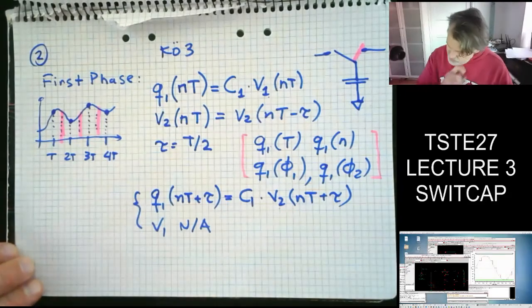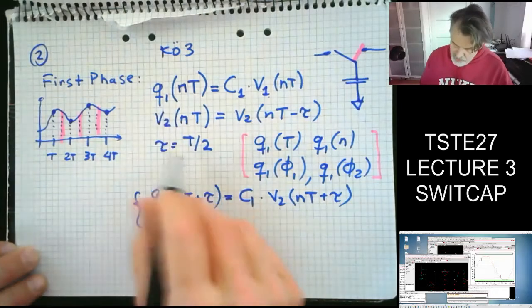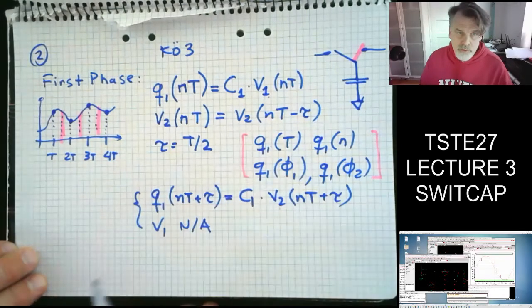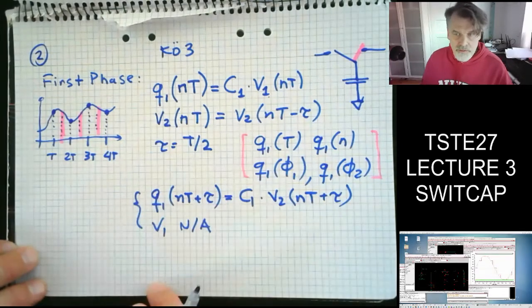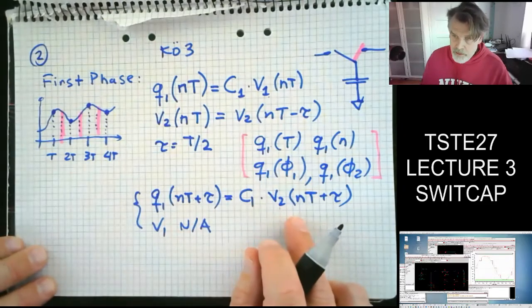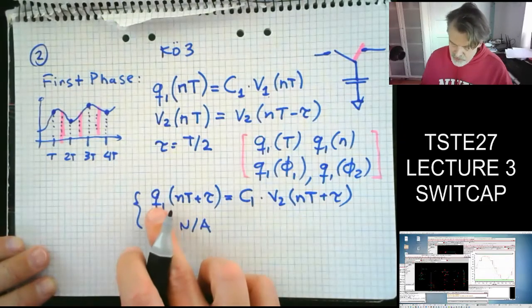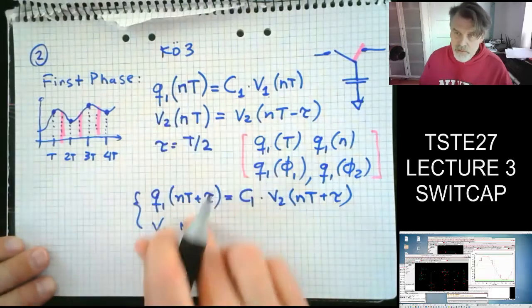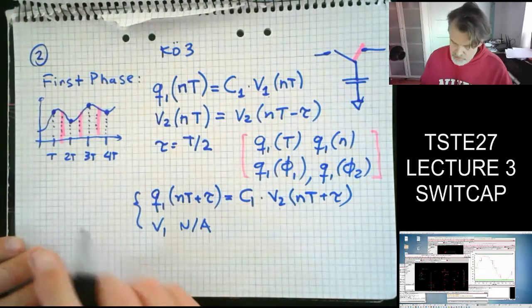Well, I transferred charge from the input to the output, so we're going to have to calculate the delta charge that we transfer. We're going to do one more little thing here, and that's to identify that the charge is preserved between these two cases.